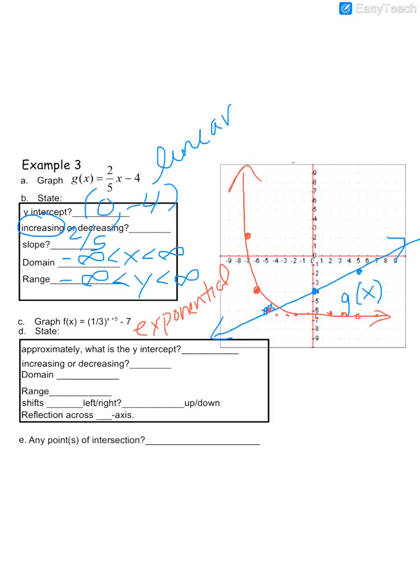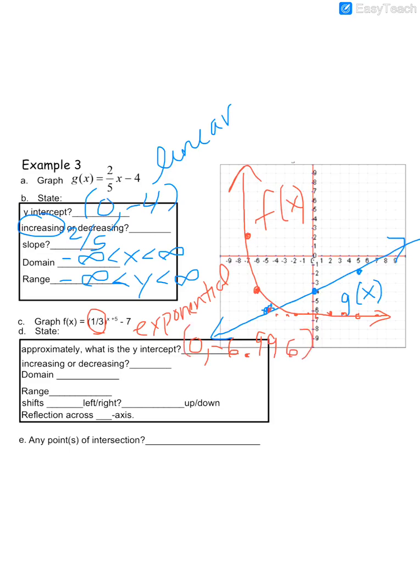Okay, so if I'm looking at this, it is definitely flipped over the y-axis, and you know how I know that? I know that because the base is a fraction. It's less than 1. And that's f of x. Okay, approximately what is the y-intercept? So I have (0, -6.996).